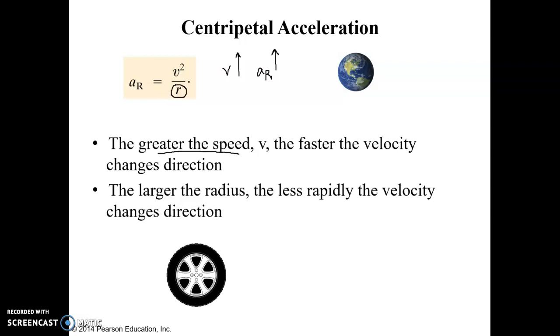But r is on the bottom of this ratio or fraction. So if r, the radius, gets much, much bigger, then the centripetal acceleration will be less. So something with a large radius, like the Earth, results in a relatively small centripetal acceleration.